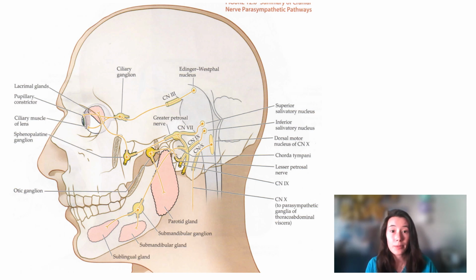Secondly, what this image also helps show is that the little spaghetti noodles, the nerves that are coming out of the brainstem, understand that this is not actually where these nerves start. They all have a nucleus. Some have a nuclei. What I mean by that is multiple centers of where the nerve actually starts. They do not just start where they exit the brainstem. They start within the brainstem, and then they exit as nerves.